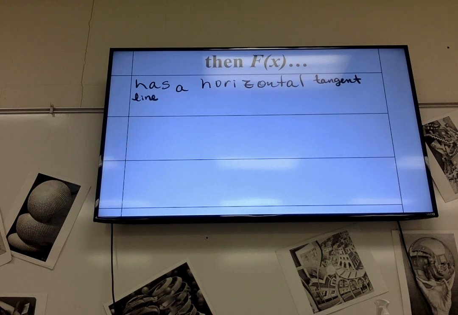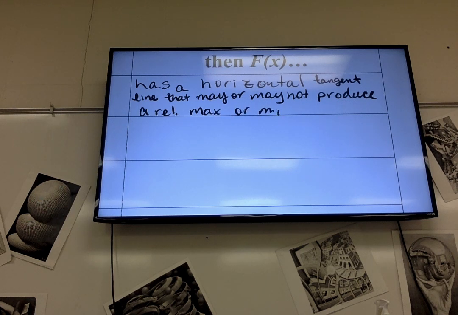A horizontal tangent line may or may not produce a relative max or min. Wait, that makes sense. There can be a flat one, but it not be the maximum.